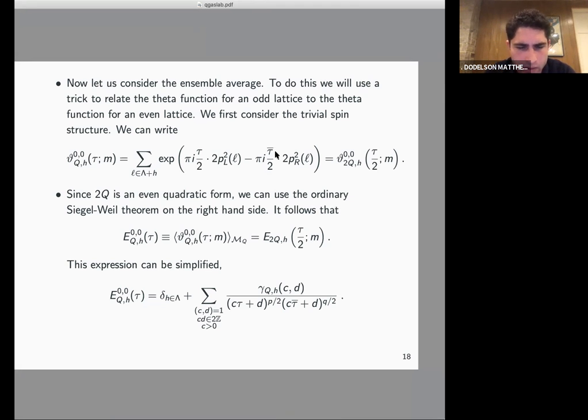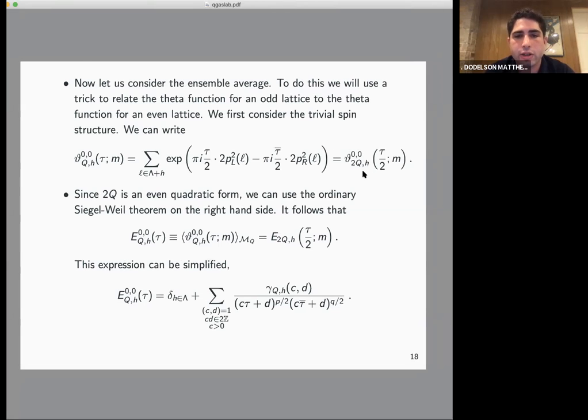And if I use this trick, then I see that the theta function is equal to the theta function for a quadratic form 2 times Q, evaluated at tau over 2. Now 2 times Q is an even quadratic form. And so we can use the ordinary Siegel theorem on the right-hand side. And so it follows that the averaged theta function with trivial spin structure is equal to the Eisenstein series for 2Q evaluated at tau over 2.